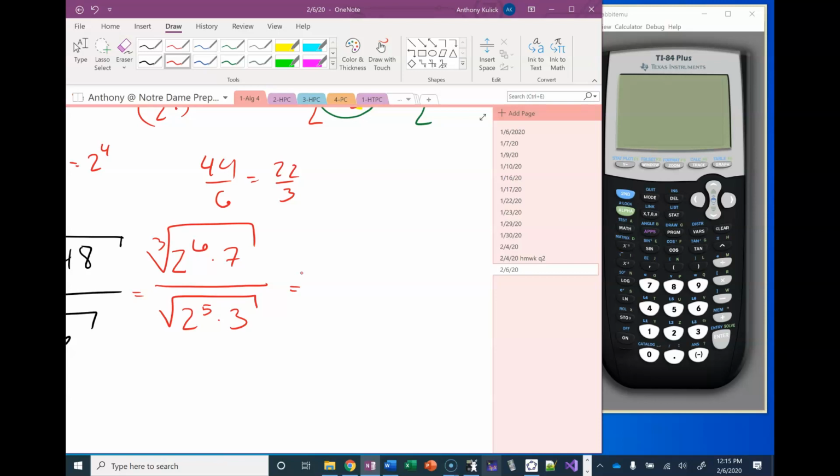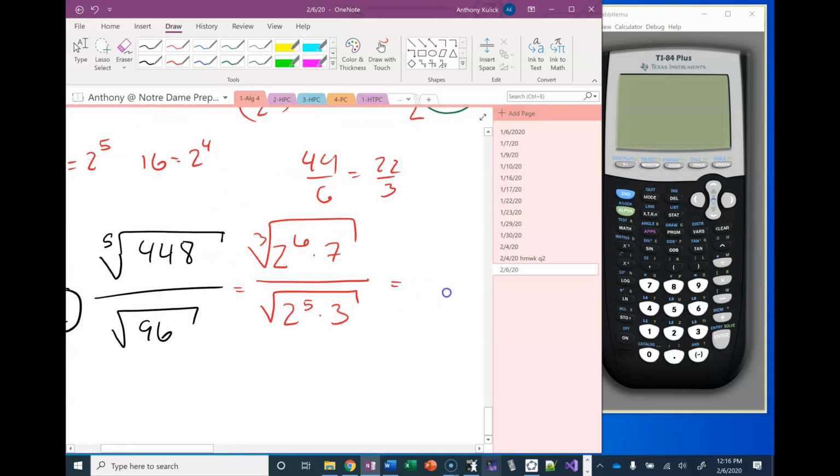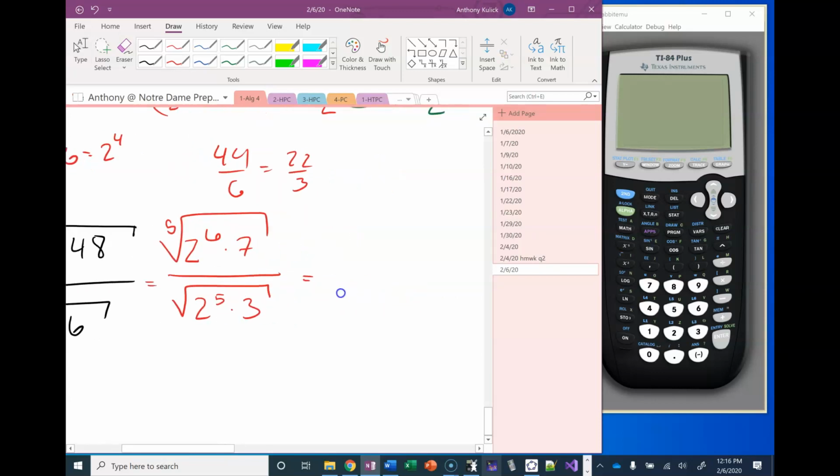All right. What should I do next? We need to rewrite these in exponential form. Oh, that's a 5 there. Excuse me. Okay.